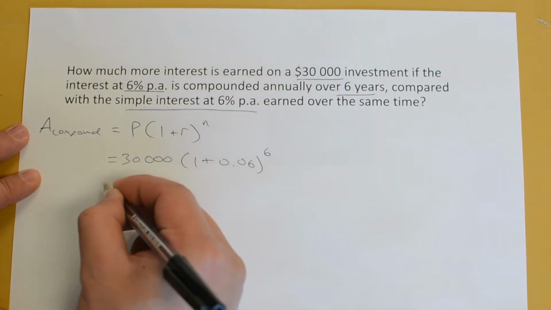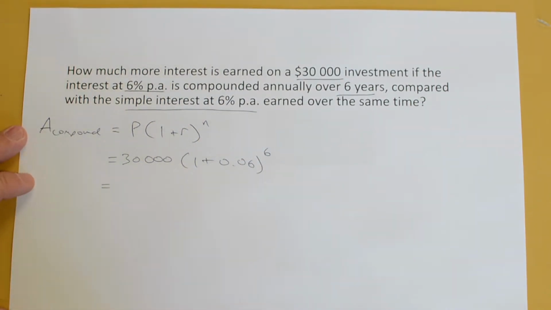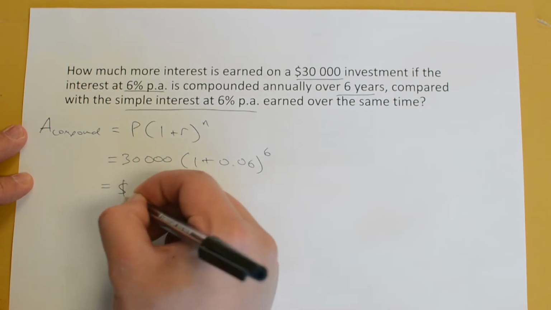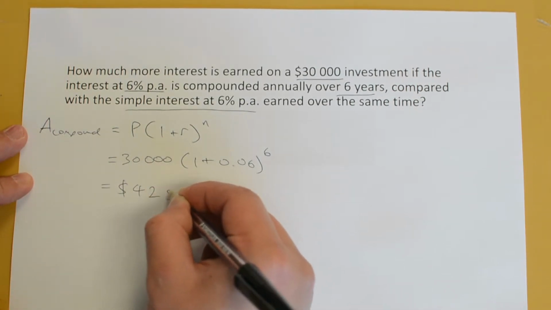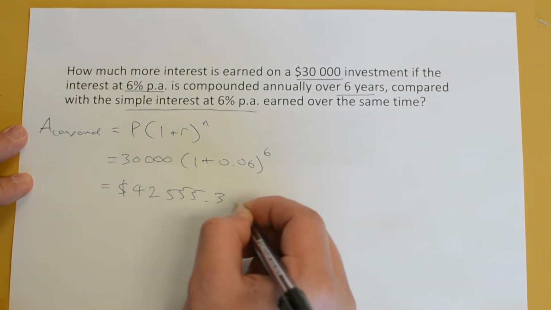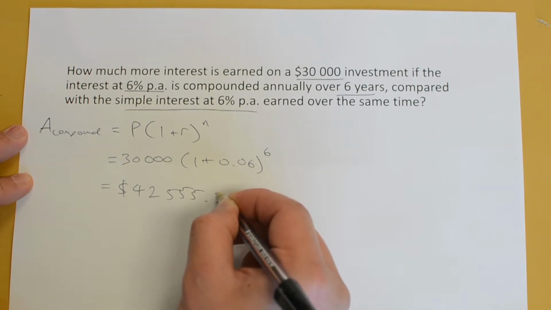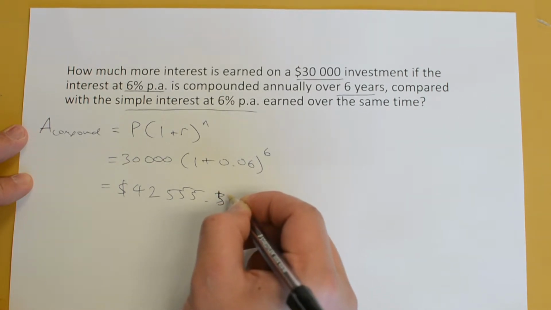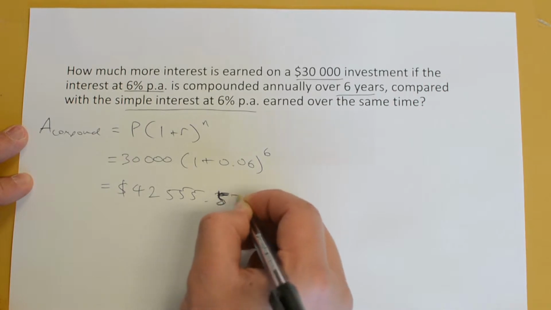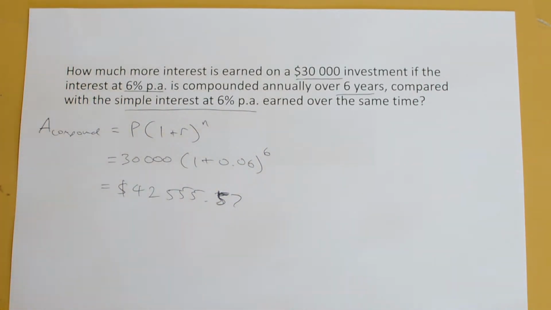So I'm going to raise that to the power of 6. In the calculator, that will come out to be about $42,555.57. So that is how much the compounded amount is worth.